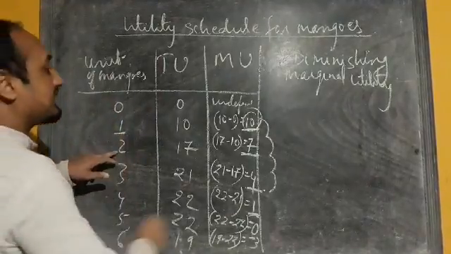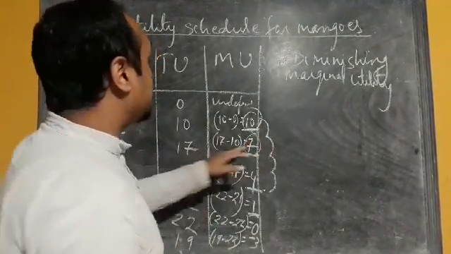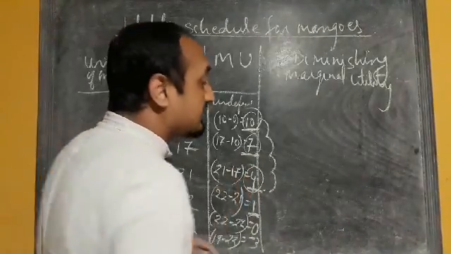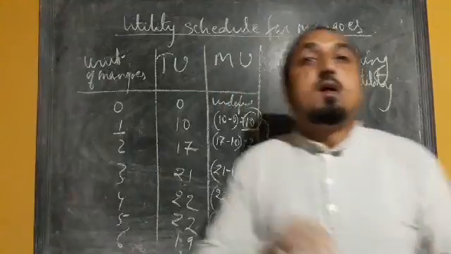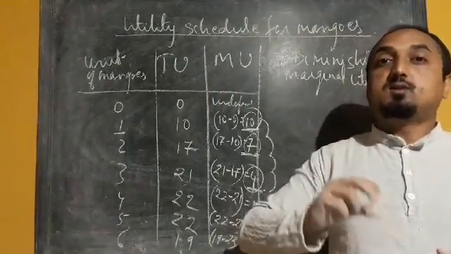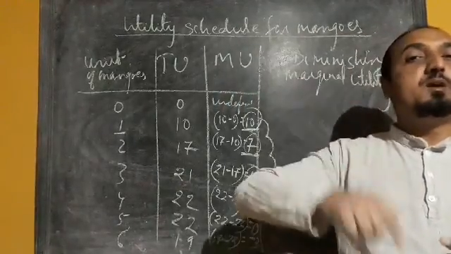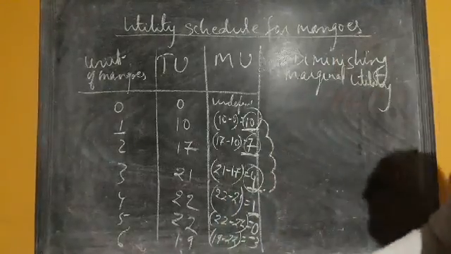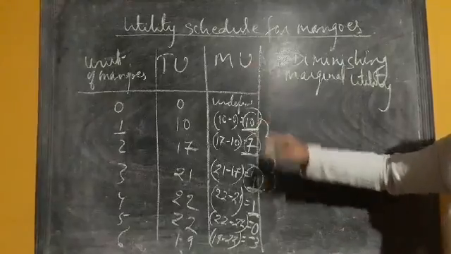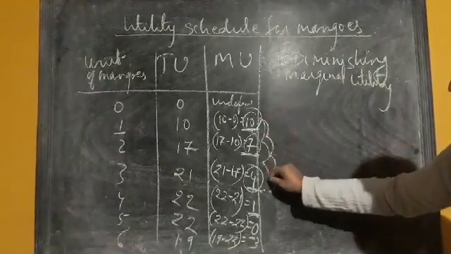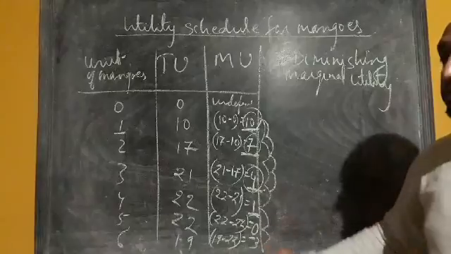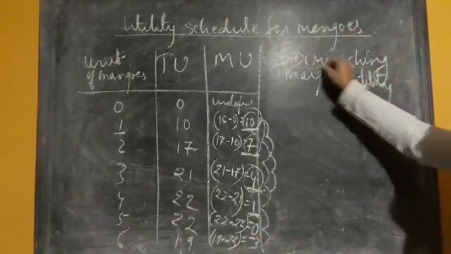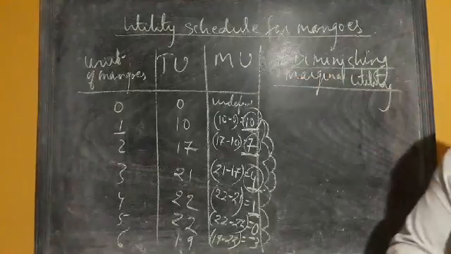The second one is 7, decreasing. The third is only 4, meaning the additional satisfaction obtained goes on decreasing. That concept is called diminishing marginal utility.